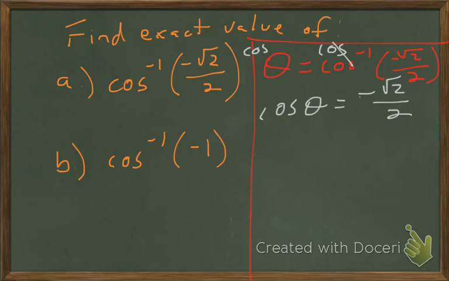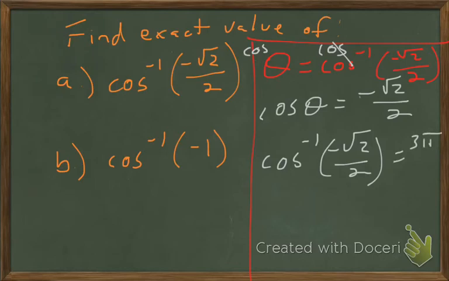So cosine inverse of negative square root of 2 over 2 is equal to 3 pi over 4. I hope this has not been rocket science.